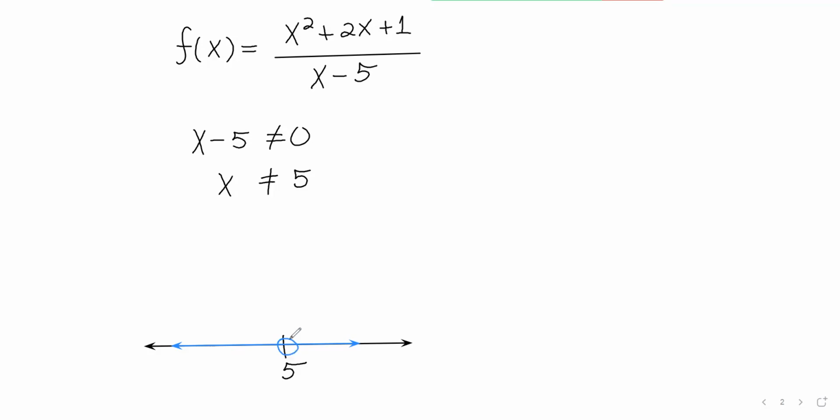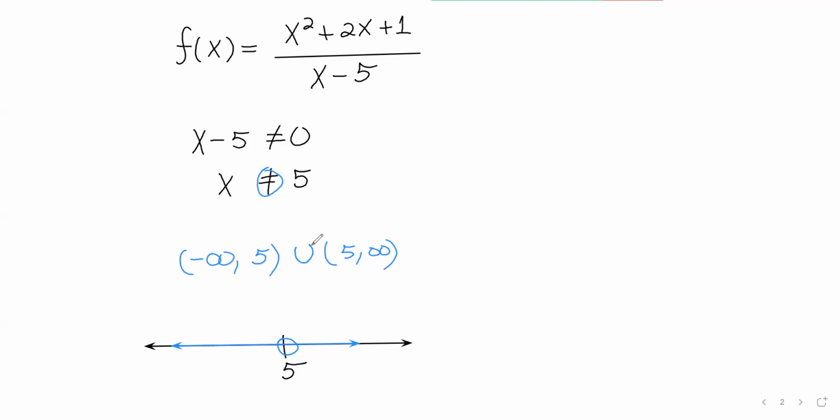That's what that circle indicates. So that circle means this inequality symbol here. So the domain in interval notation would be from negative infinity to 5, from 5 to infinity. Now, I'm listing two intervals side by side, so put a union between them.